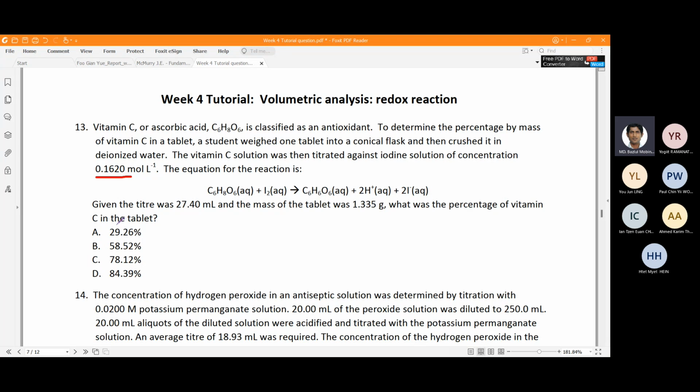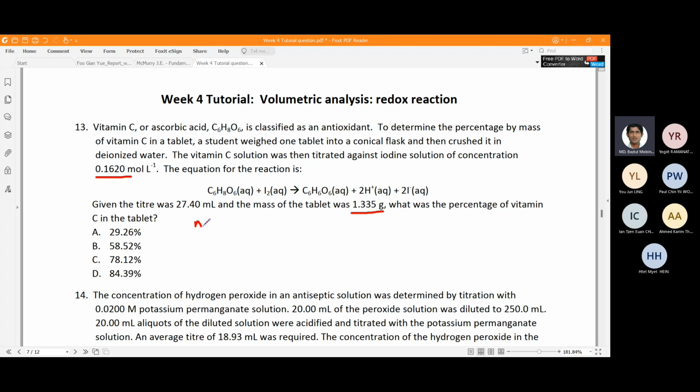Given the titer was 27.40 milliliter and the tablet was 1.33 gram, what is the mass percentage of vitamin C in the tablet? So the titer means the iodine solution was 27.40 milliliter, and its concentration is 0.1621.